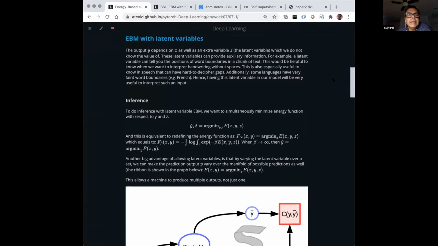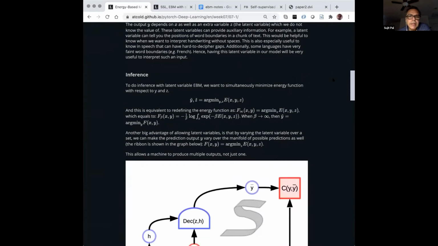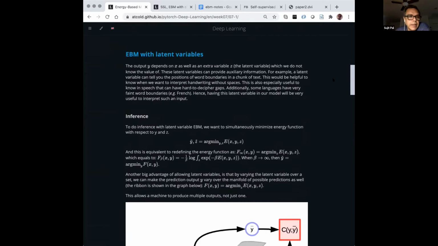And then the latent-variable EBM. Okay, so there is an extra spin here, that not all EBMs depend solely on X and Y. Sometimes if you bring in a latent variable Z, that can simplify your task, right?